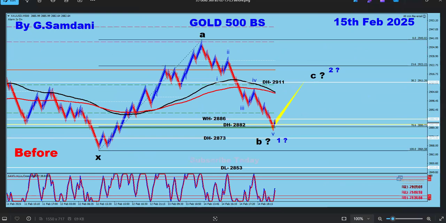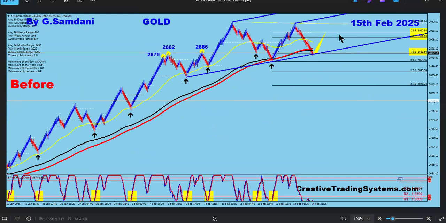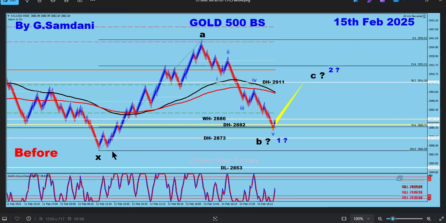Okay, this one, yeah, now that one was another box size, right? And let me show you an even smaller chart than this. That was also a very nice setup. You can see this rise and then 78%, right? Touch here. And this is area 2882, 2886, right? So now the 38% is coming exactly around the daily high of 2911 as well.